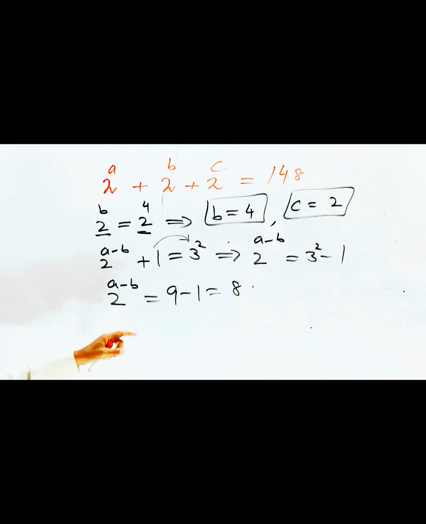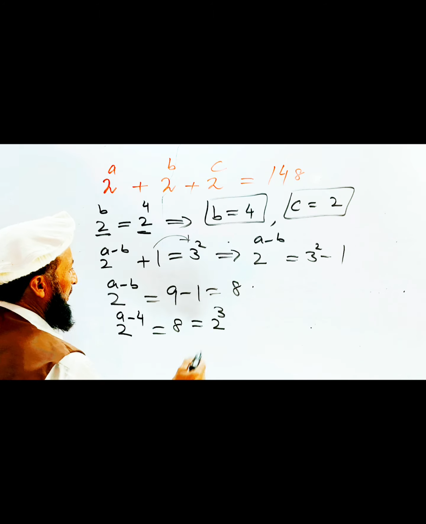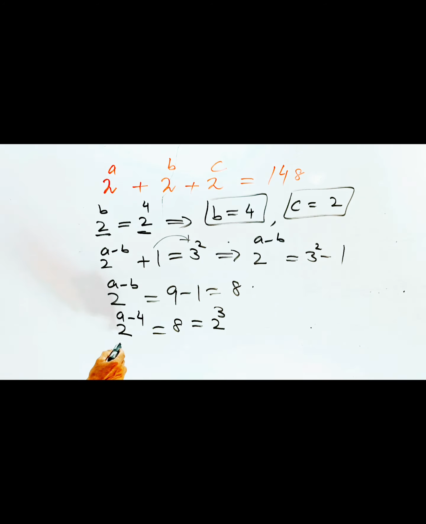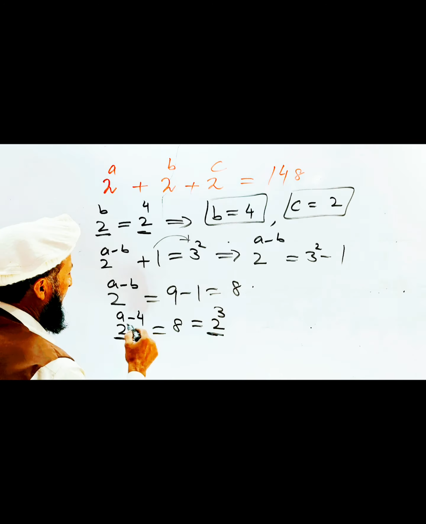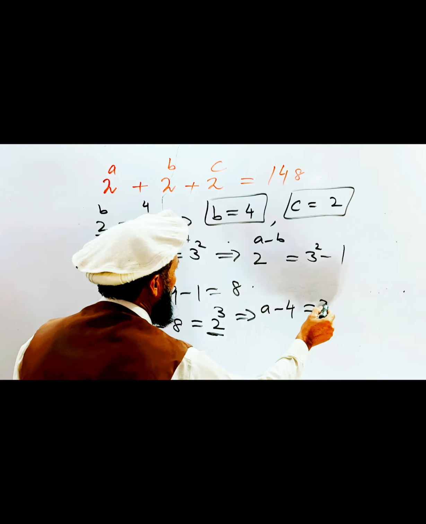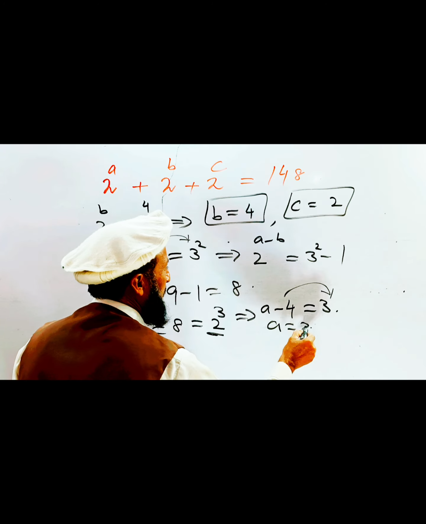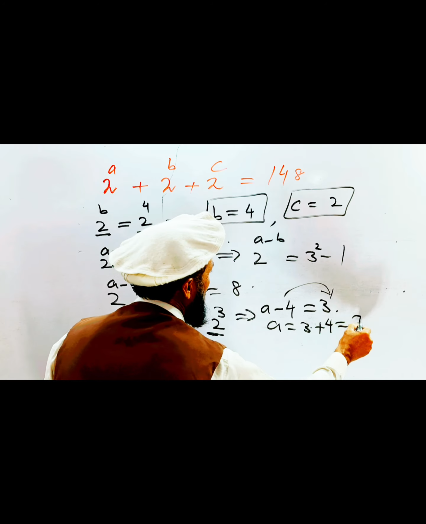Now we have already calculated the value of b, and here we substitute the value of b, so a minus 4 is equal to 8. Now we try to make this one also 2 exponent of 3. Now the bases are the same. If we compare their exponents, we get a minus 4 is equal to 3. So we transfer, a is equal to 3 plus 4 is equal to 7.